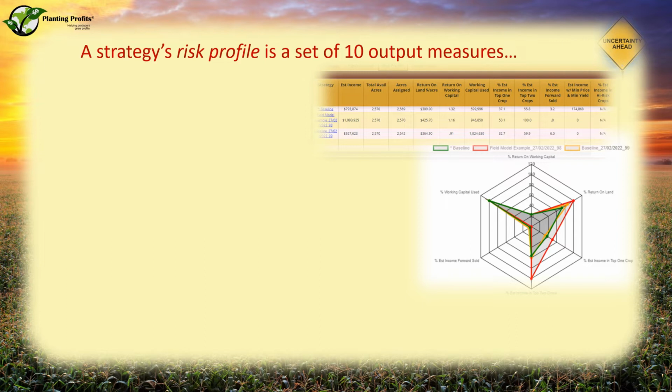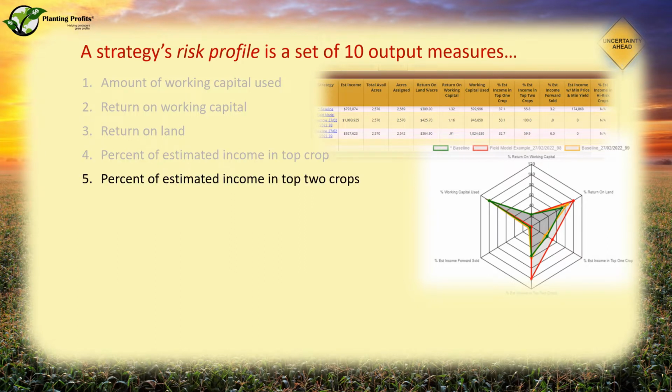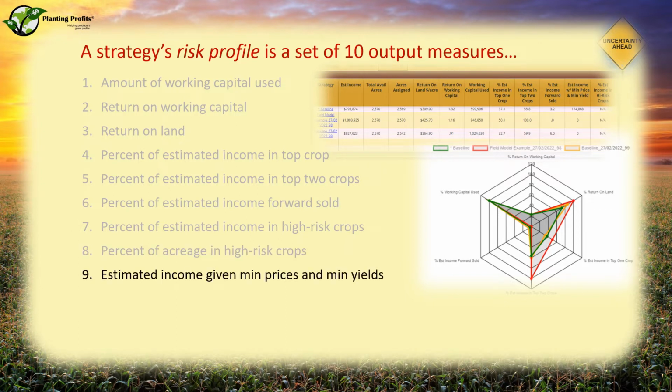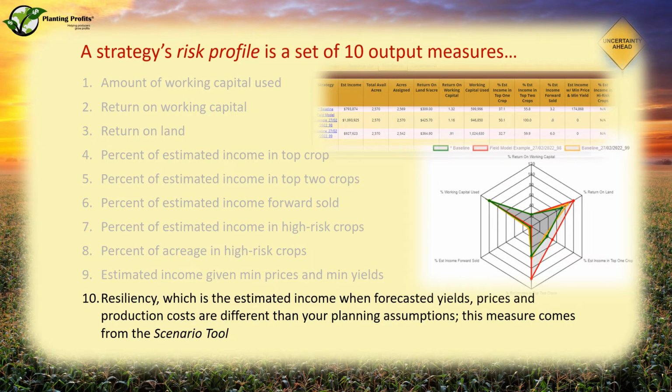Strategy risk is measured by a combination of 10 output measures: amount of working capital used, return on working capital, return on land, percent of estimated income in top crop, percent of estimated income in top 2 crops, percent of estimated income forward sold, percent of estimated income in high-risk crops, percent of acreage in high-risk crops, estimated income given minimum prices and minimum yields, and resiliency, which is the estimated income when forecasted yields, prices, and production costs are different than your planning assumptions. This measure comes from the scenario tool.